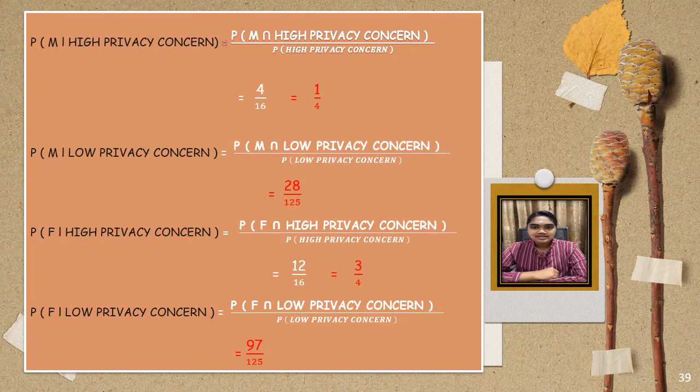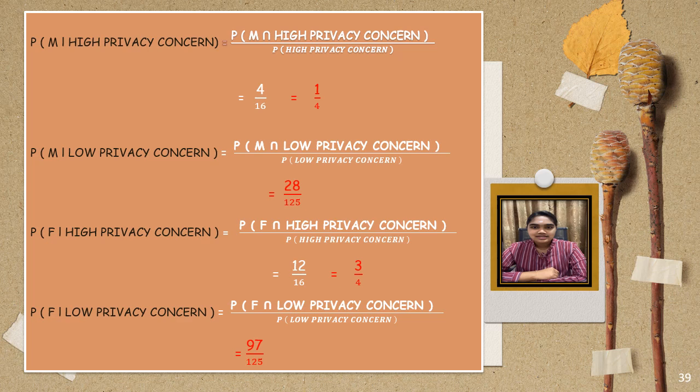To find the probability of man given high privacy concern, we use the formula: probability of man intersect high privacy concern divided by the probability of high privacy concern. We will get 1 over 4. For male and low privacy concern, we find the probability of man intersect low privacy concern divided by the probability of low privacy concern.